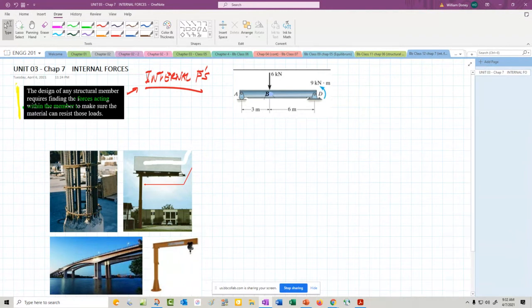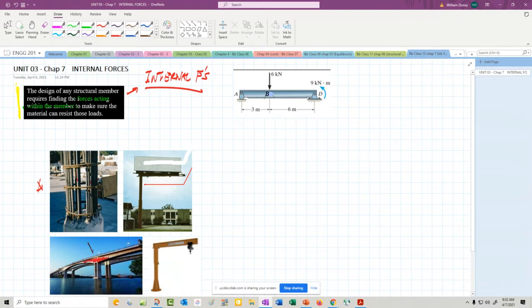So we're concerned about what's happening inside. Inside in this first one is the rebar, or reinforced steel bars, that are inside the concrete. We want to know what's happening to them. Are there any shear forces or other forces going on? We need to know what's happening in these beams here that hold up this bridge.